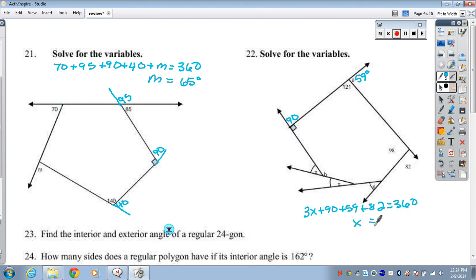X equals 43 degrees. We already know that A equals 59 degrees, so B is 180 minus 43, which is 137 degrees.